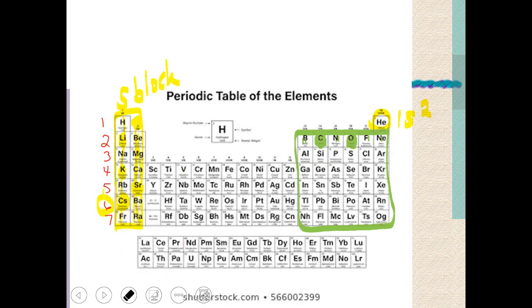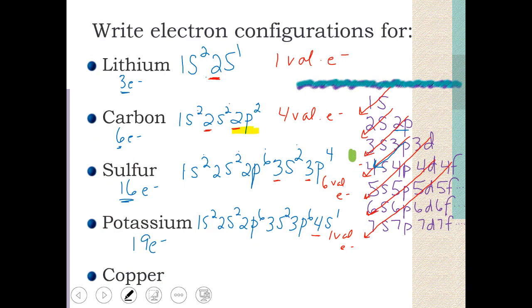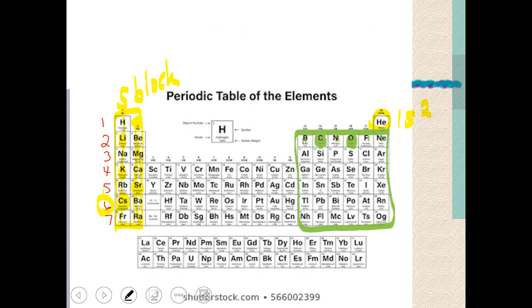It's in the third row in the P4 position. Look back at our previous slide. 3p4. Third row, P4. See, this is the P block.